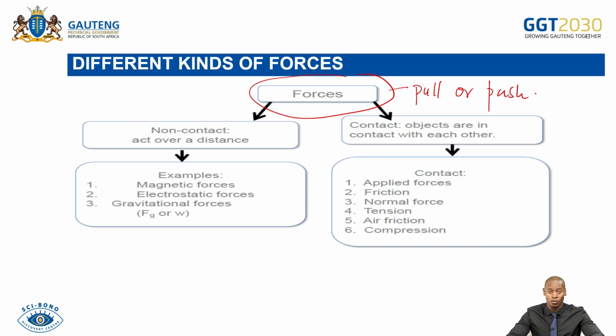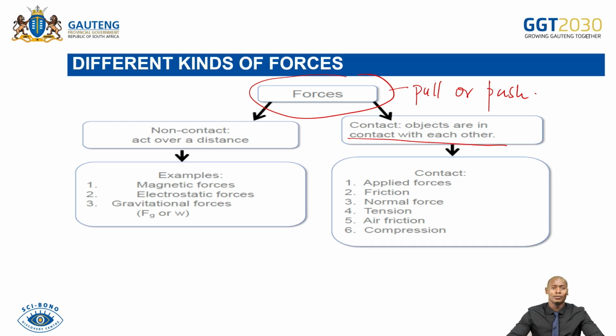All right. So we have contact and non-contact forces, divided into two categories. So non-contact, they act over a distance, and then the contact forces, those are the forces exerted by objects that are in contact, okay?